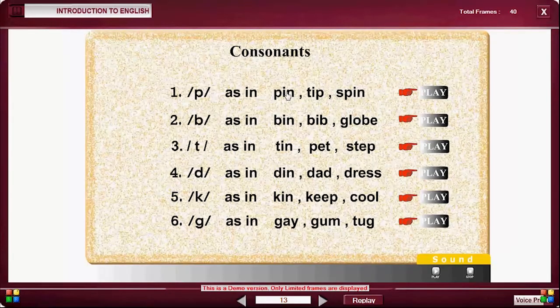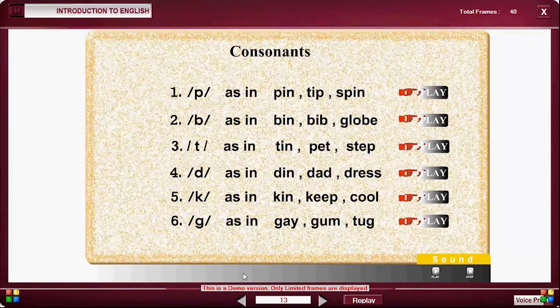1. B as in pin. 2. B as in bin. 3. T as in tin, pet, step. 4. D as in din, dad, dress. 5. K as in kin, keep, cool. 6. G as in gay, gum, tug.